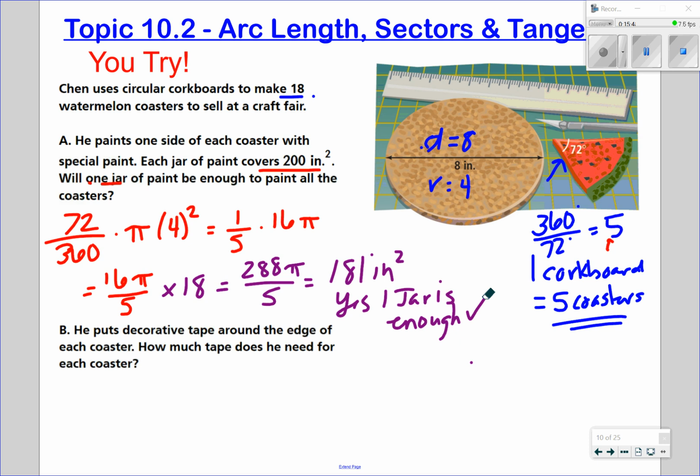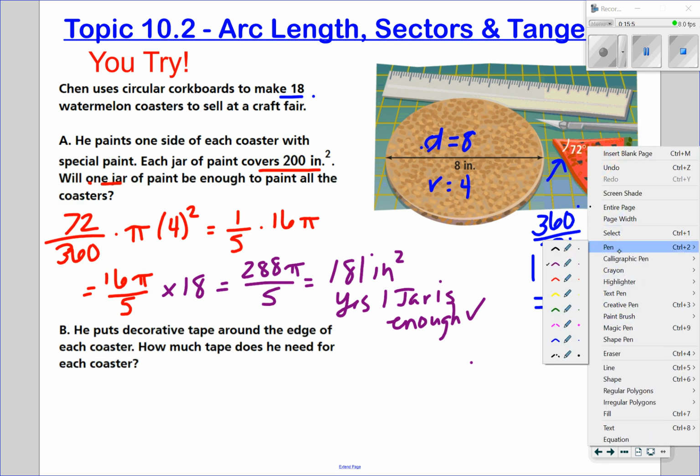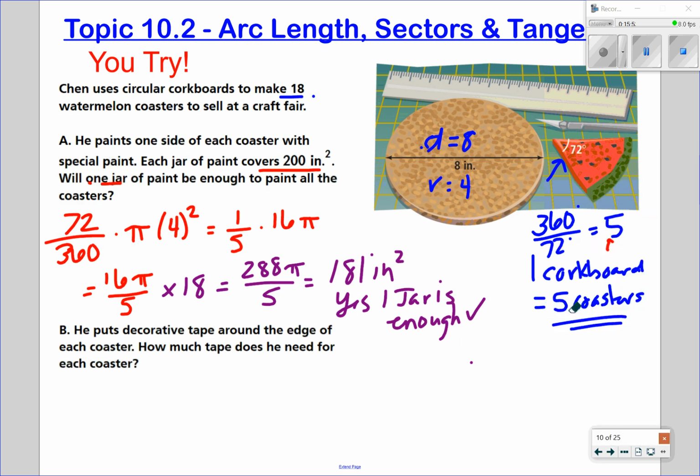Hopefully you got that. Let's look down now at part B. Part B says he's now putting decorative tape around the edge of each coaster. So around the edge of each coaster means that we're finding this length here in order to figure out how much tape he needs for each coaster. We're not doing all 18 this time, we're just doing one. So that refers back to arc length. And our formula for arc length was the measure over 360, the fraction of the circle, times pi times diameter, which is the circumference.